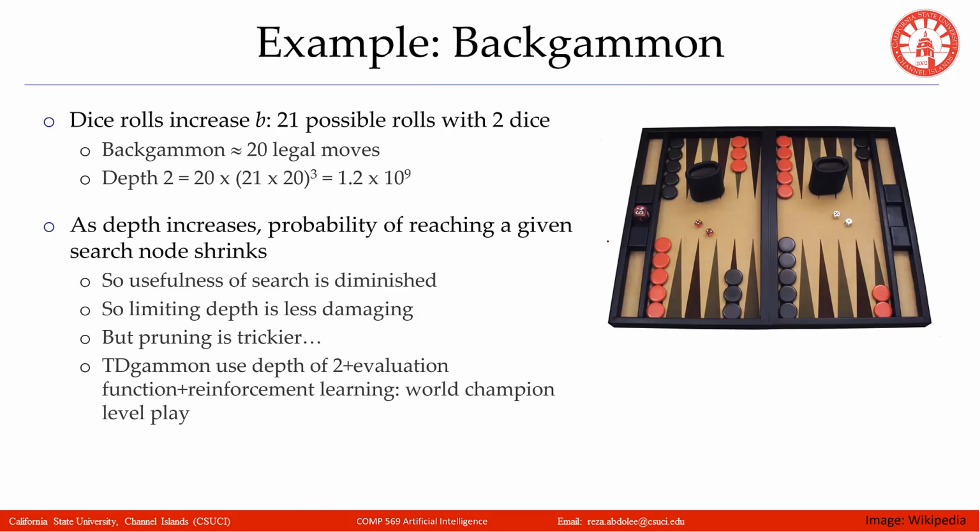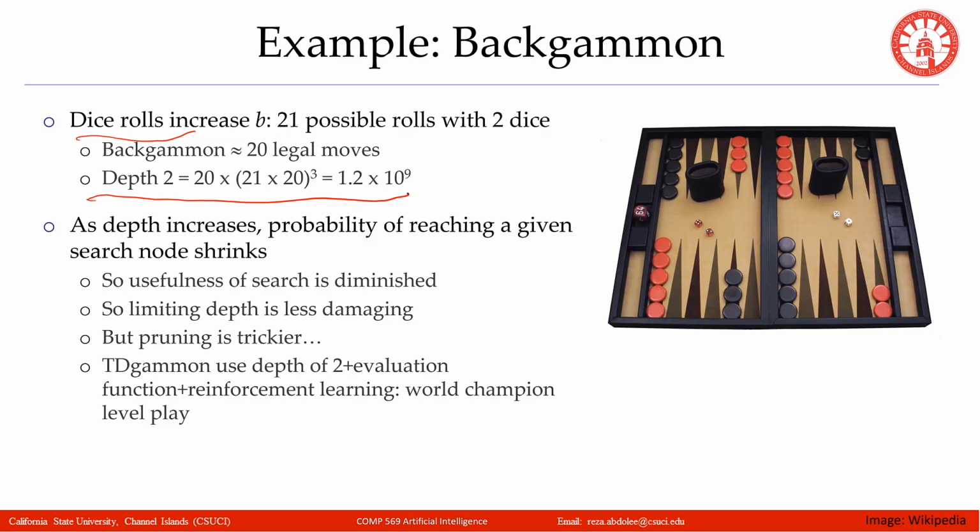So this is basically an example of Pac-Man, and since you're going to dice roll, the number of searches or states that you are having is related to the number of moves, and also the depth of the algorithm that you are going to run.